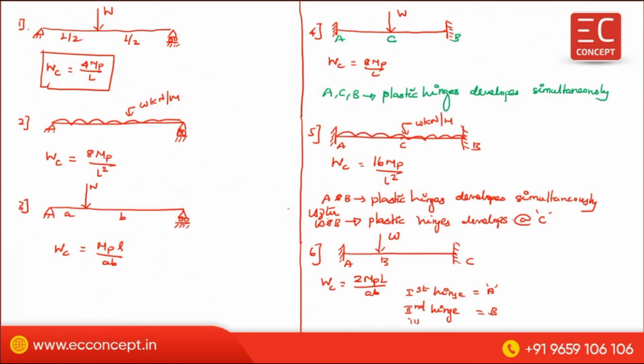The third hinge develops at point C. So this is the order of development of plastic hinges in a fixed beam under an eccentric load.